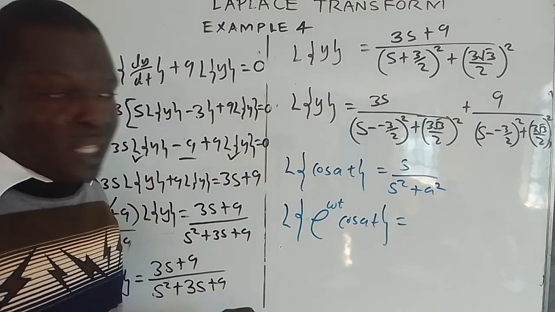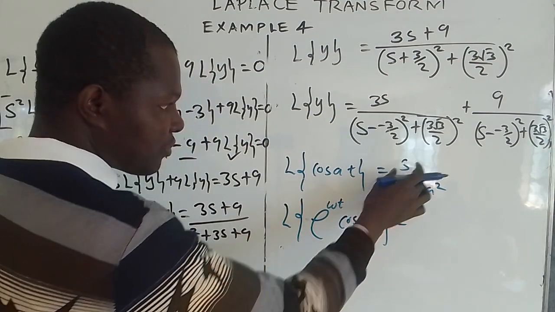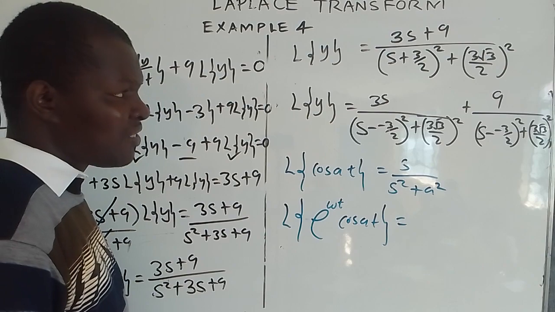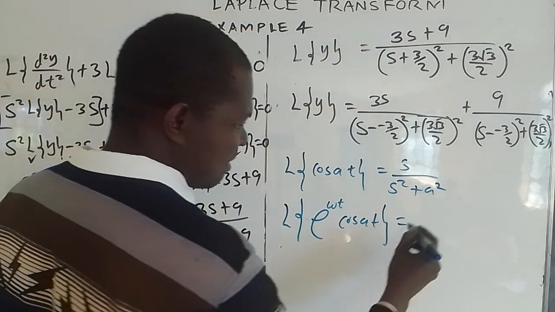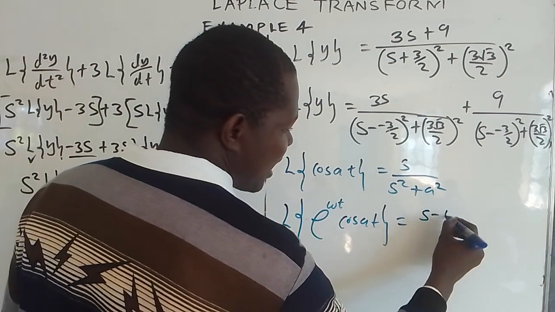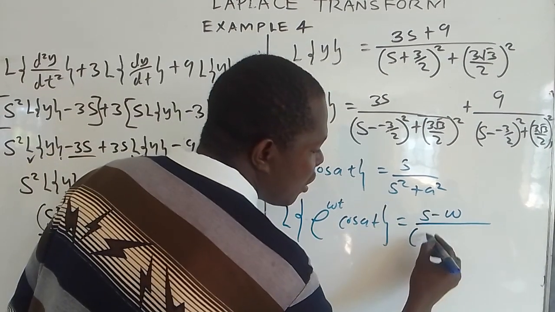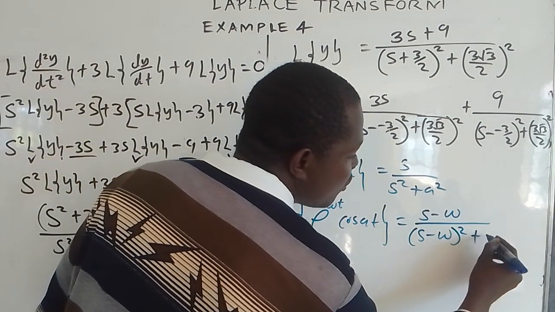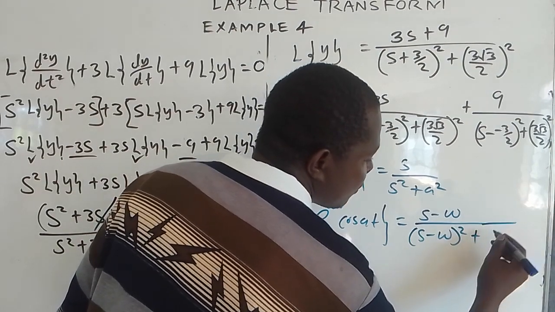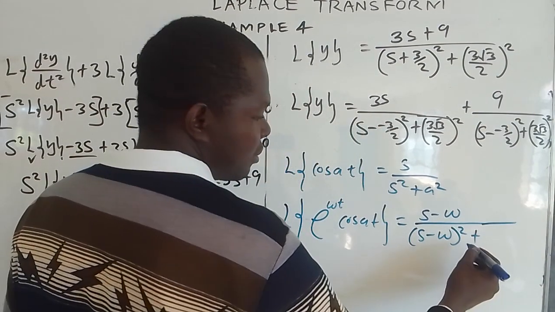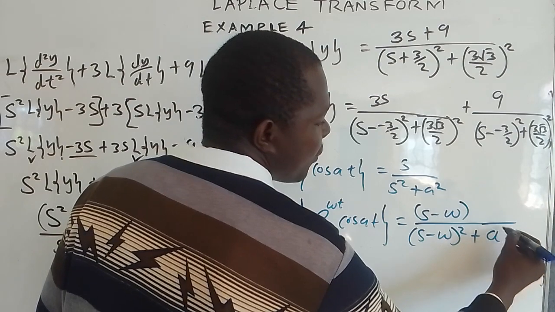Is that okay? So it is going to be what? s minus w over (s minus w) squared plus a squared.